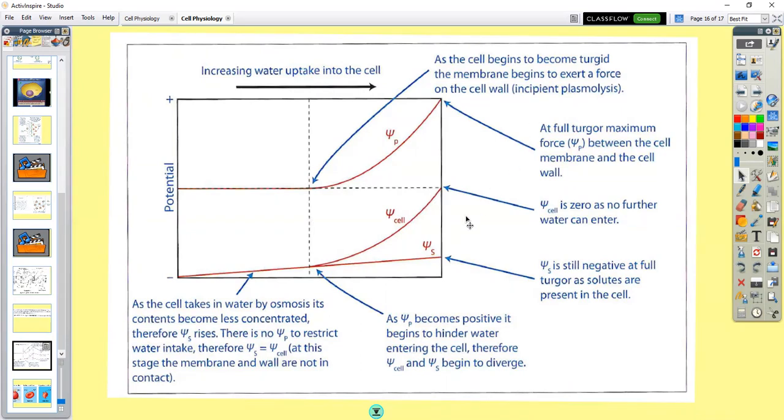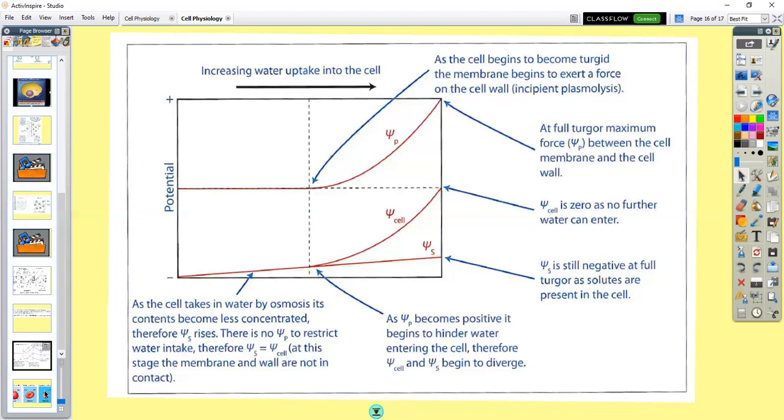At that point or below that point, psi cell will equal psi s. So psi p is 0 along here when a cell will be fully plasmolysed, and psi cell equals whatever psi s is. And you might get some equations to work out which way water will move between cells. It will move from a less negative water potential to a more negative water potential.